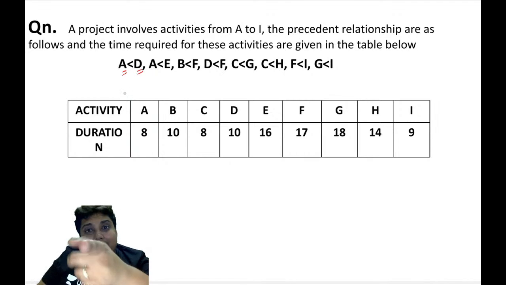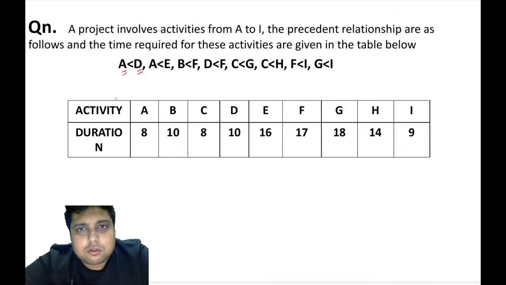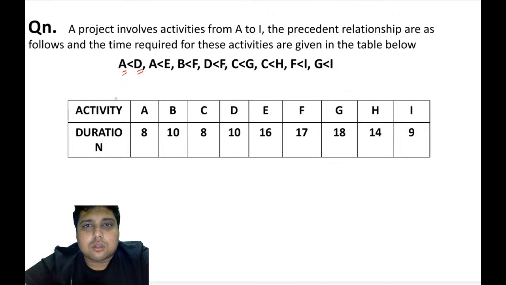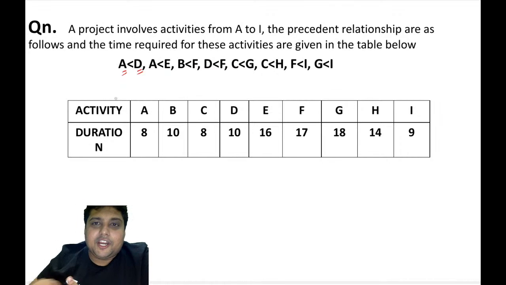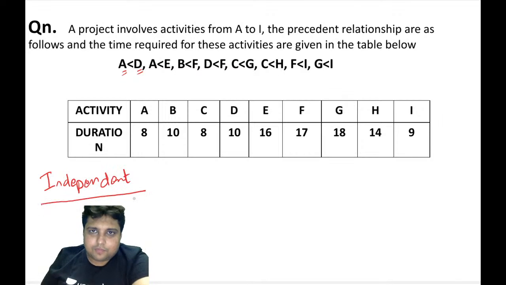For this reason, we have to rank them. That which activity we'll have to target first, then second, then third, then fourth, and how to rank them. For that purpose, you need to understand one term which is called independent activity. Independent activity. What is an independent activity?